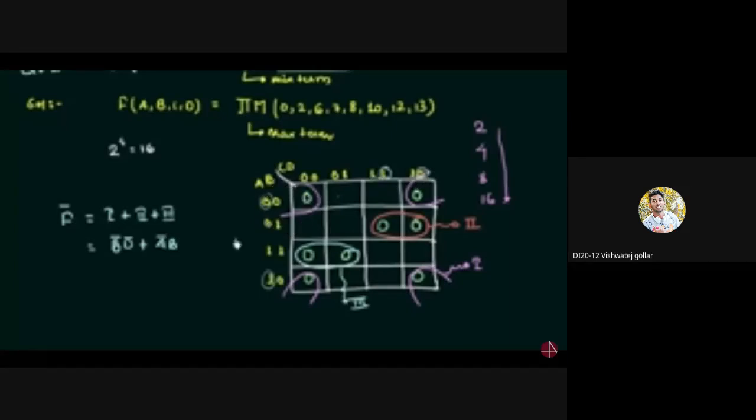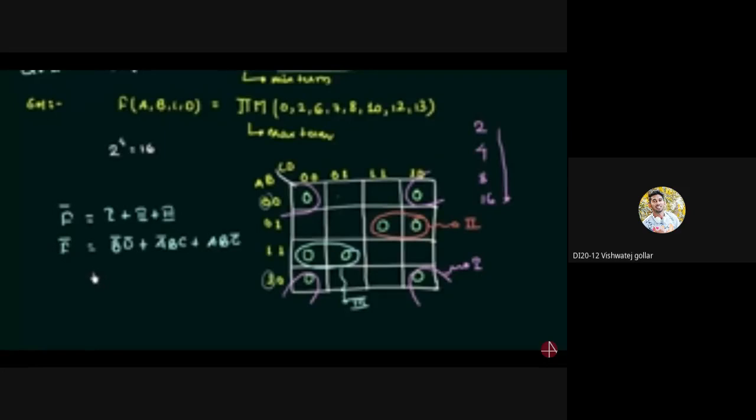And C is 1, so we'll write C here. Similarly for the third group, we have A, B, C bar, and this is for F complement.